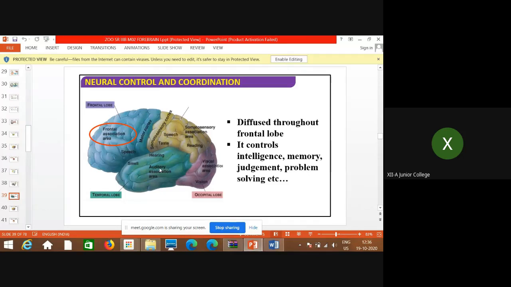But auditory association means understanding what the smell is and reacting accordingly, understanding whatever you are hearing, capturing it, and then solving as per the requirement wherever it is required. So just remember all this.